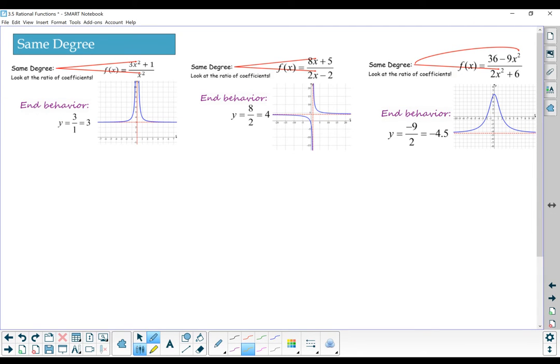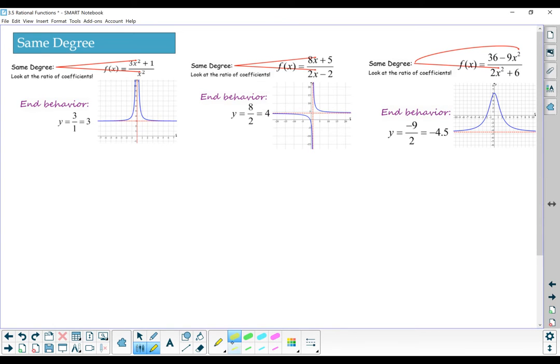If you have two powers that are the same, then you need to focus on their leading coefficients. We have 3 over 1 here for our asymptote, so it's y equals 3. We have 8x over 2x. They have the same power, that is a power 1.